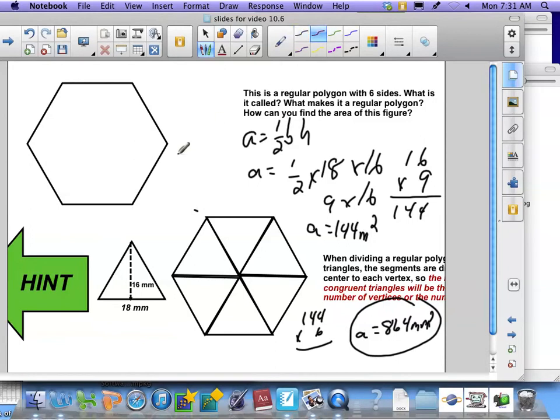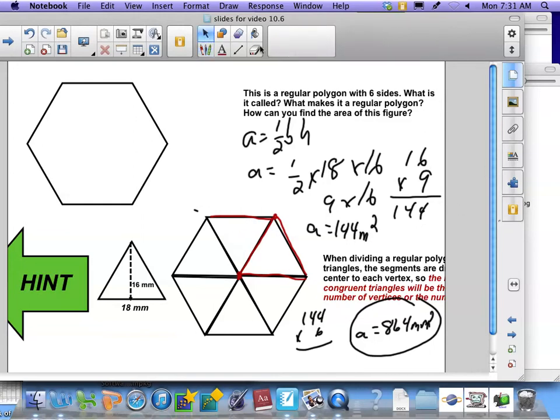Remember, when you're drawing your triangles, you start at the center and you draw to the vertex. That's where the line segments come together. This line segment meets that line segment at a vertex. Okay, and however many sides are in your polygon, that's how many triangles it can be split into.